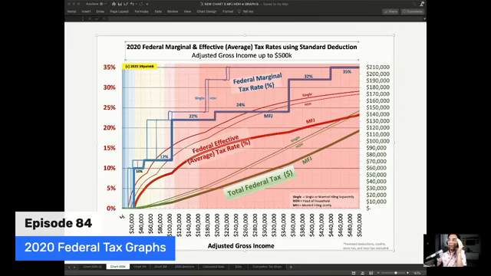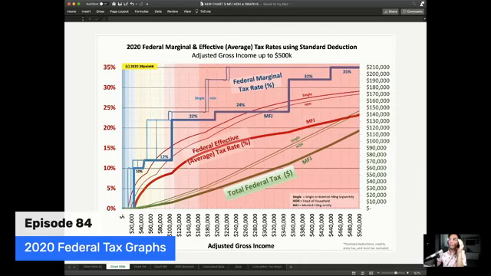Here you can see a big gap between married filing jointly and single in the range of around $180,000 to $350,000, where married filing jointly is still at the 24% rate, but single or head of household jumps up into the 30s.